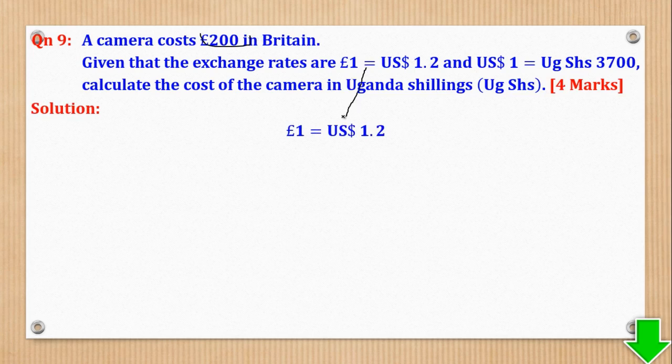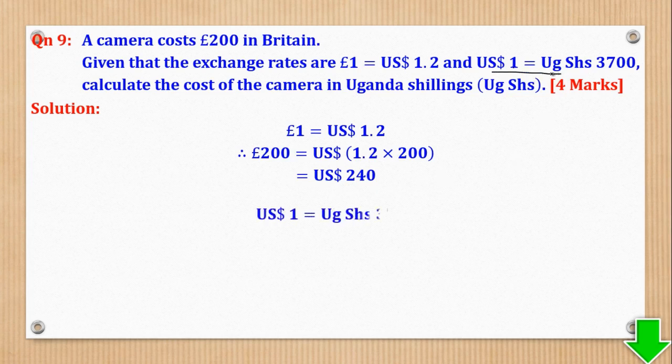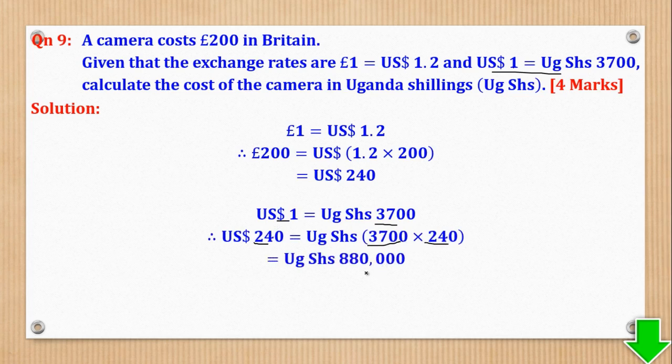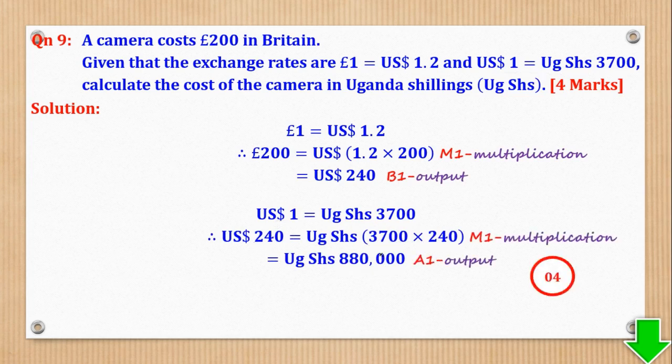From this exchange rate, if £1 is equal to 1.2 US dollars, it means that £200 will be 1.2 times 200, which gives you $240. Now that I've got the dollars, we go to this exchange rate and say $1 is equal to 3,700. That means that $240 is 3,700 times 240, which gives you 880,000 Ugandan shillings. And that's what they wanted.